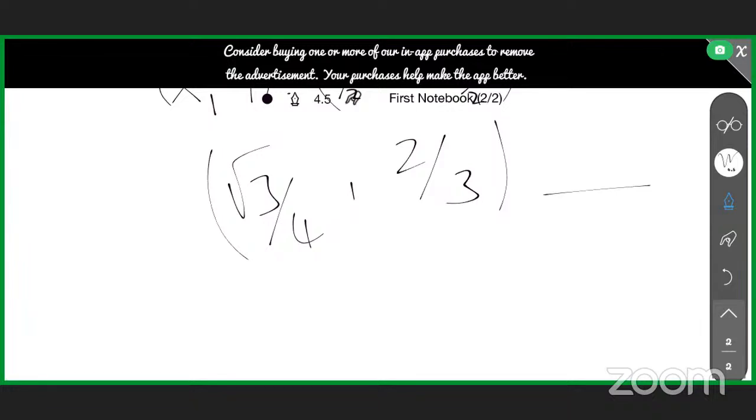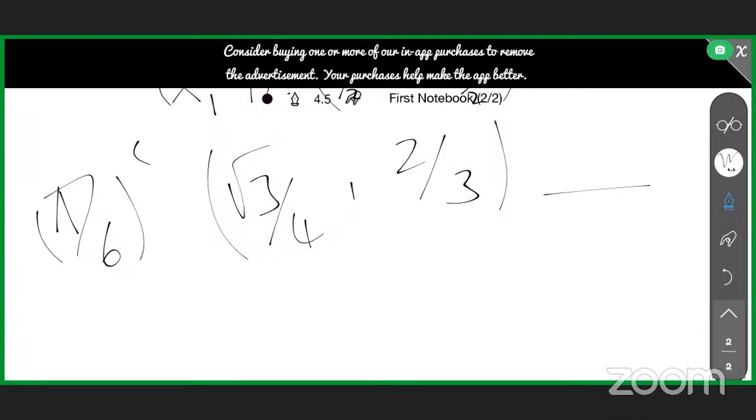Can you repeat the question, please? The axes are rotated through an angle of pi by 6 radians. The coordinates root 3 by 4, comma 2 by 3 will become dash in the new coordinate system.